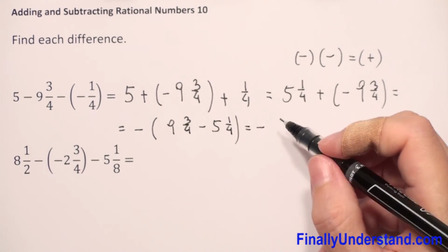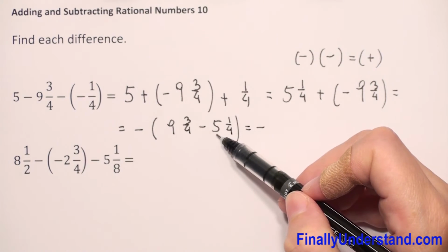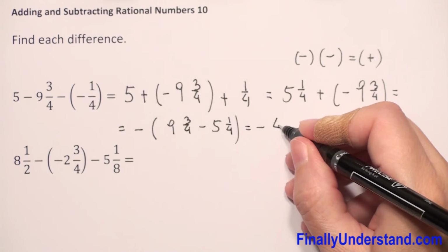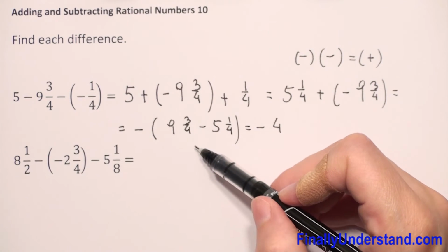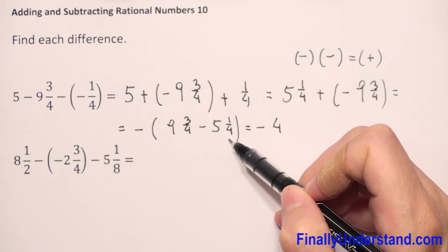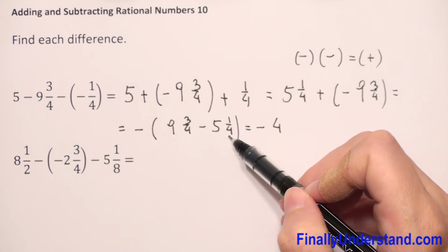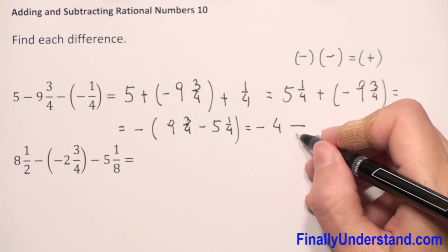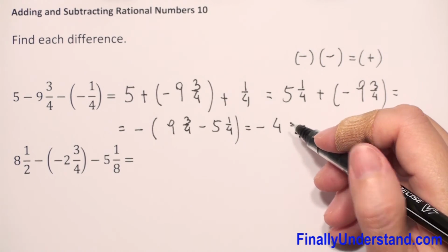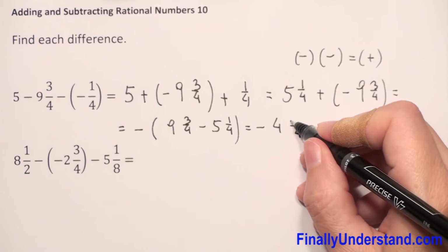The negative sign we copy, and now we have 9 minus 5 is 4. We subtract the whole numbers, and now we have to subtract the fraction 1 over 4 also. We have the same denominator, so we copy the denominator and we just subtract the numerators. 3 minus 1 is 2.